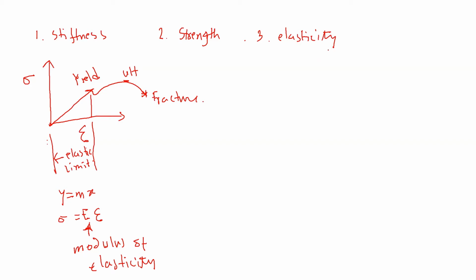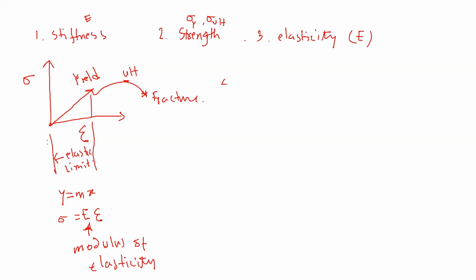It could be defined by the modulus of elasticity E, like the stiffness, and this one is mostly defined by yield or ultimate strength or fracture strength, like that. This one somewhat we can relate to E, the measure of elasticity.